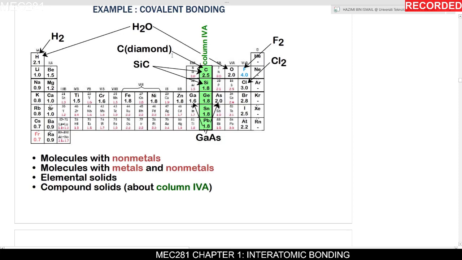Diamond is one of the hardest natural materials found on Earth. The covalent bonding in the carbon that forms the diamond makes it the hardest natural material in the world.